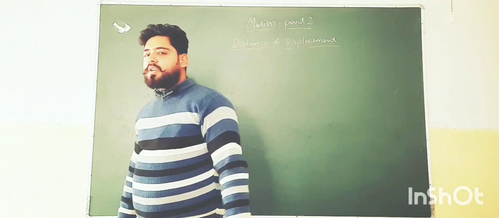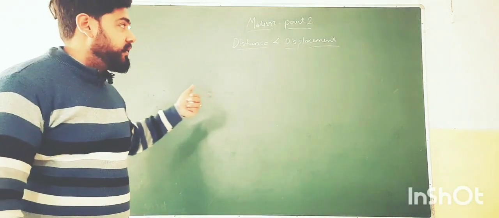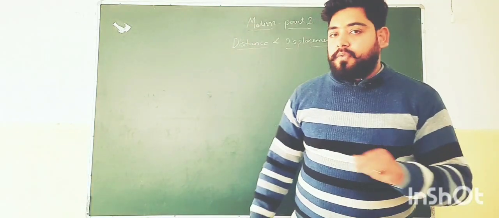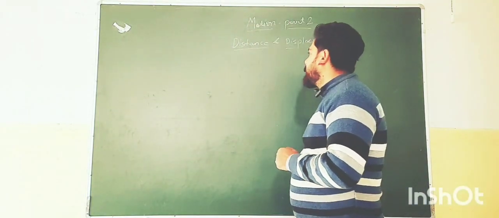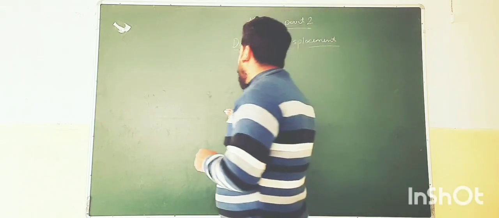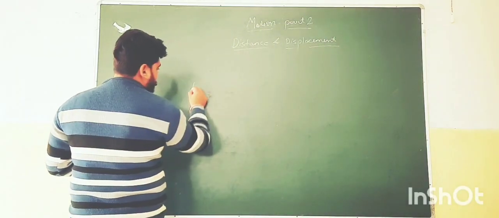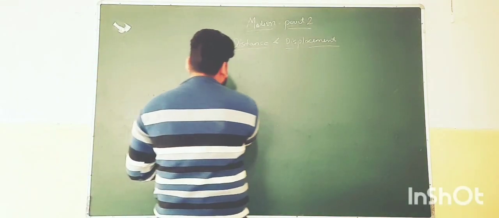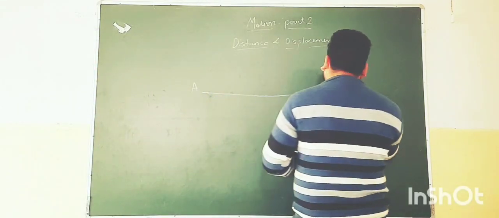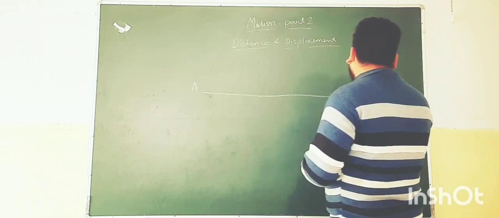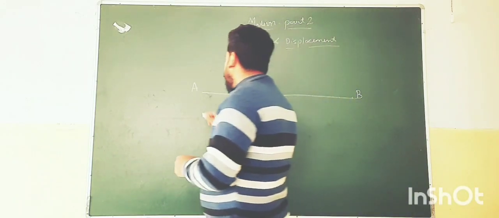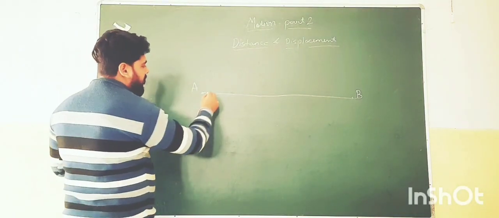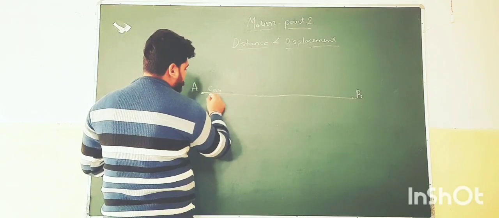Now, what is the meaning of distance and displacement? First, to define it, we have to know what distance is and what displacement is. Think that if any object is kept here, that is a straight line path with the points A and B, and a car is moving.